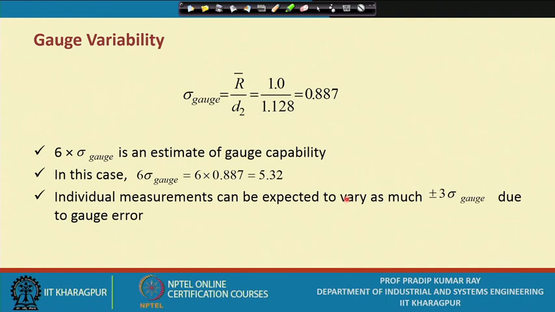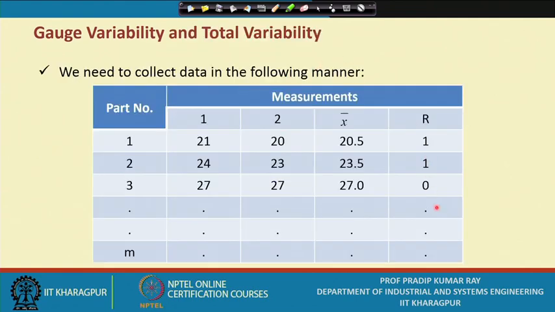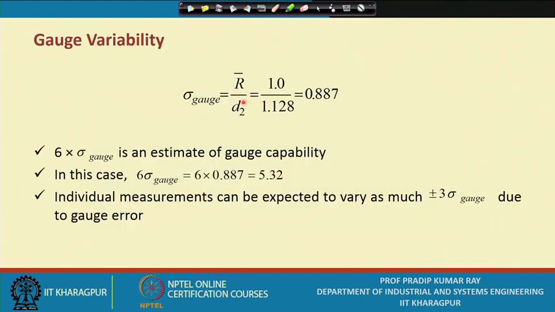The objective is to measure the gauge variability. From this, what do you try to do? The sigma gauge is R bar by d2. The R bar means several R values you have considered, and you get the value of R bar divided by d2.